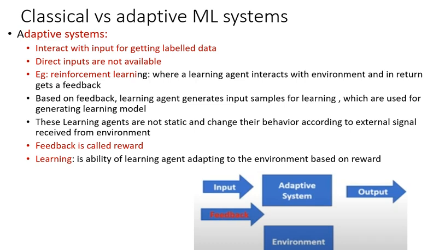They change their behavior according to the external signal received from the environment. This feedback we call a reward. So basically learning is the ability of the learning agent to adapt to the environment based upon the reward. That's the typical difference between classical and adaptive machine learning systems.